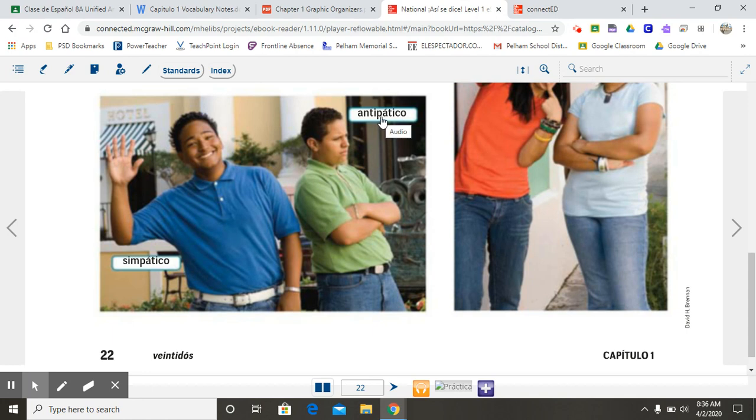This one, antipático. But because they have an accent, you put an emphasis on the A or whatever vowel the accent is over. So that's why this one is simpático, antipático. All right. You may have noticed a difference in the way I said them, and it's all because of the accent. That's the whole point of accents in Spanish.